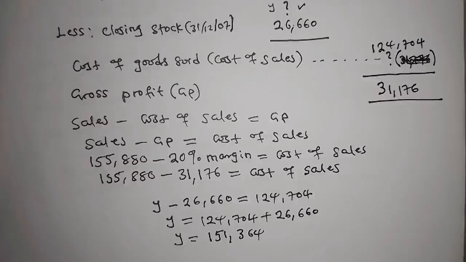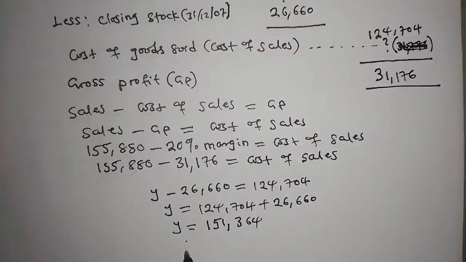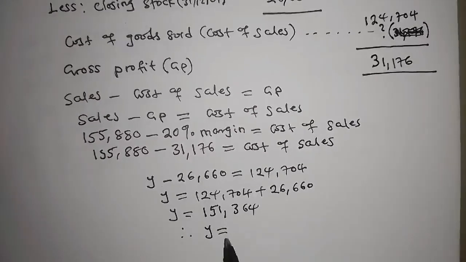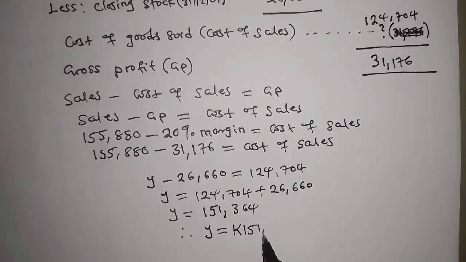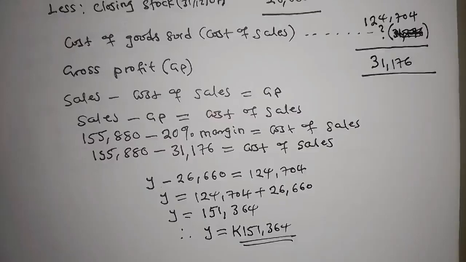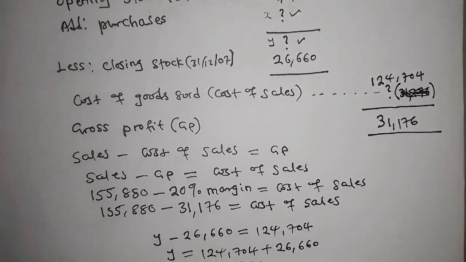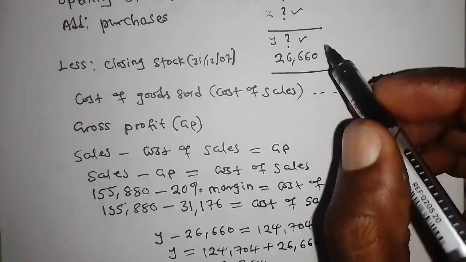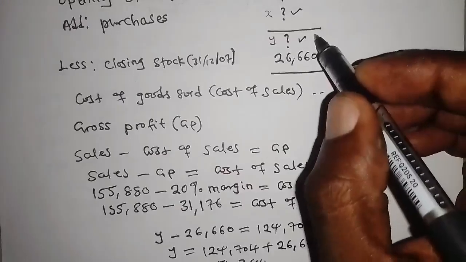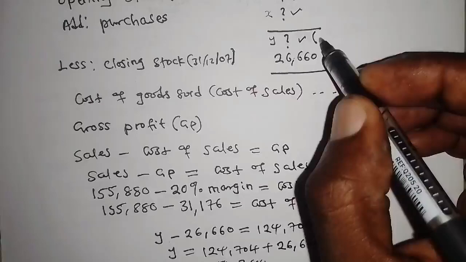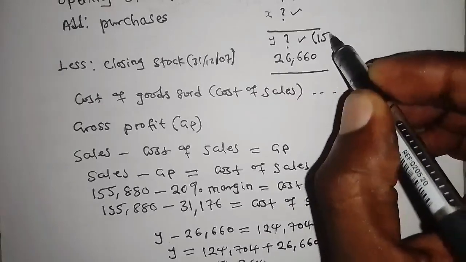Therefore the missing value of y is 151,364. This is the figure that we are now going to put here.